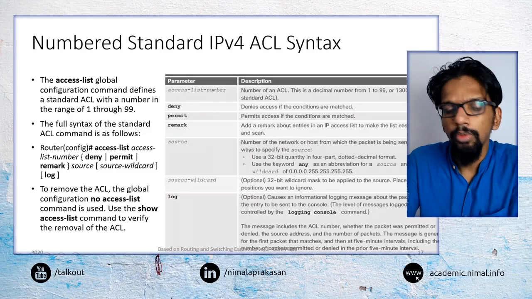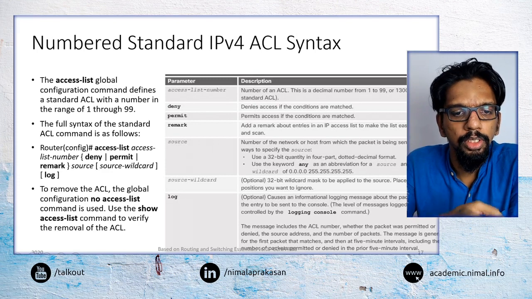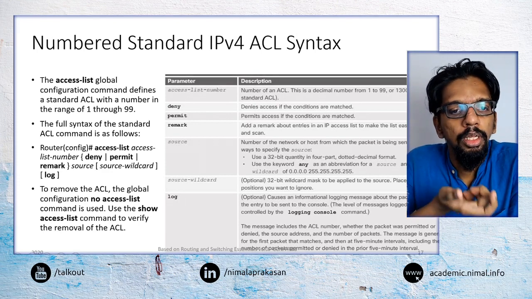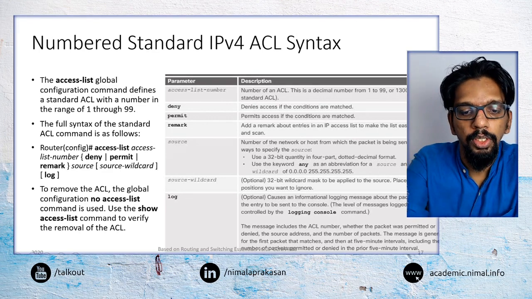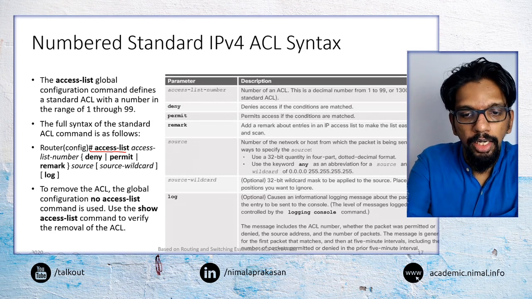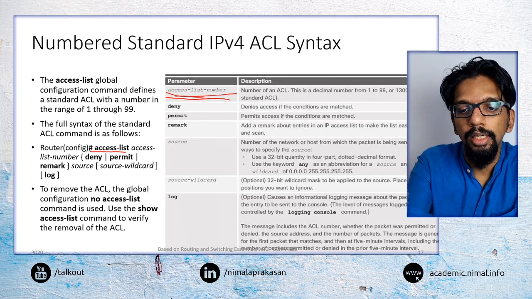So the first way we would create an access control list is using what is called a numbered standard ACL. Basically, we create an access list and give it an identifying number, an access list number.